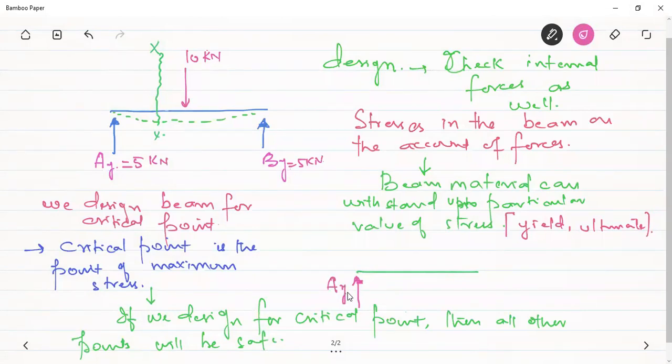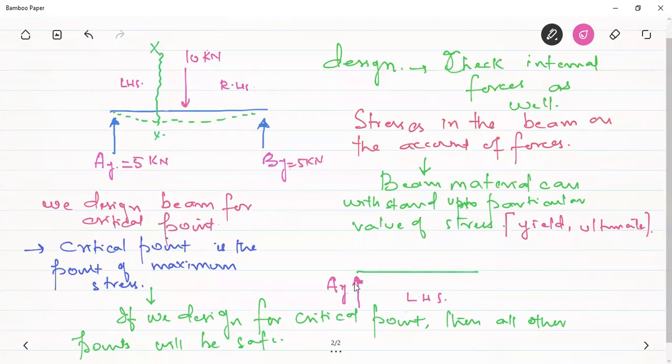So what I have done here is, this will be the left hand side of the section and this will be the right hand side of the section. I have taken here the left hand side of the section. Whenever I take a section, the section will divide the beam into two parts, and both these parts should be in equilibrium.